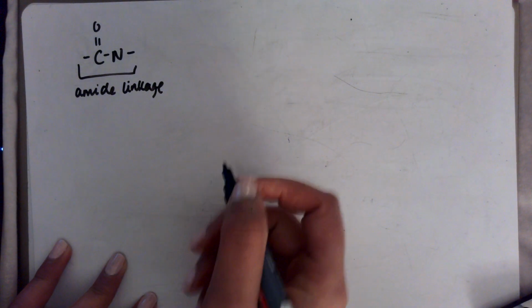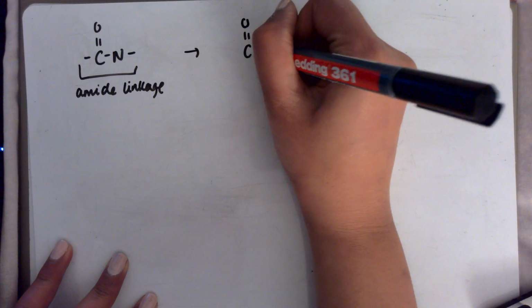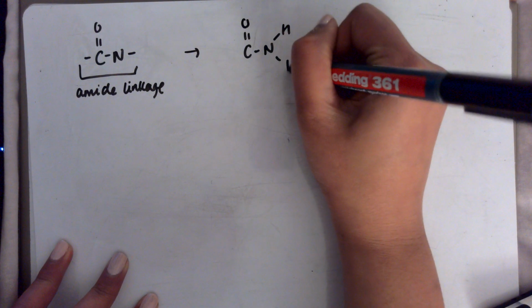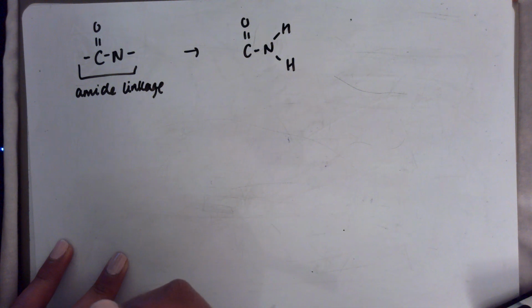Within amides we have two types. One is our standard amide, where I have a C double bond O and a nitrogen bonded to it with two hydrogens on either side.